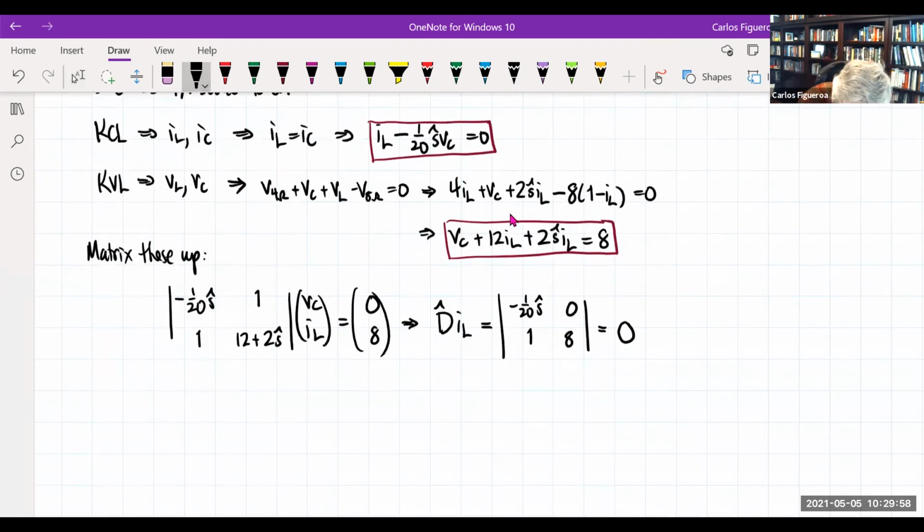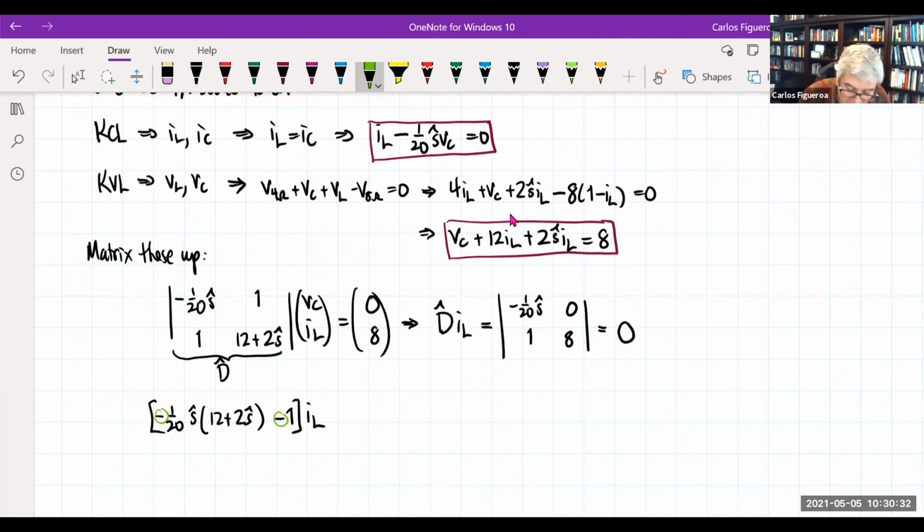So now I've got to calculate D. Here I go, this is my D hat. Let's calculate that. I do the cross, so I get minus 1/20 s hat operating on 12 plus 2 s hat, and then I do the cross, which gives me minus 1 IL. Because this is 0, I can get rid of the minus signs.